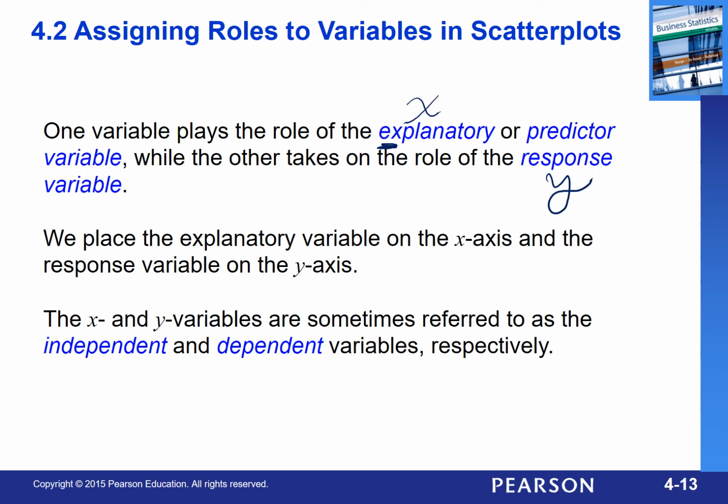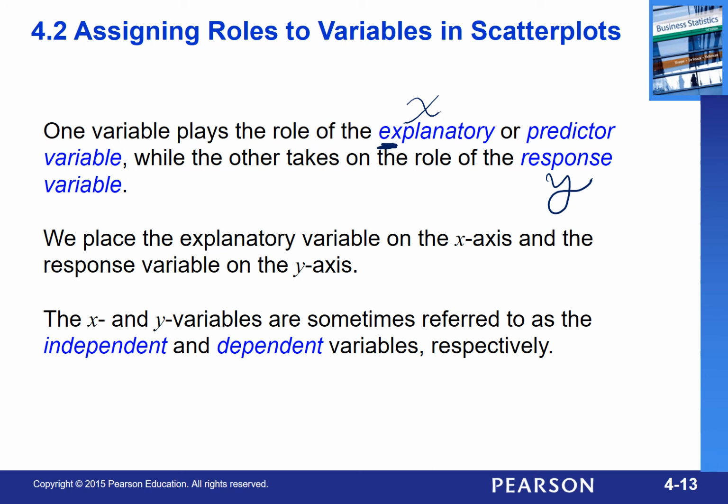In statistics, we have one variable that's playing the role of explanatory or predictor. It's the one we're using to predict the other value. And the other variable is the response, the action or output or response that we're looking to predict. So as you look at this, I want you to be aware that these words are different from what you're used to using in algebra.